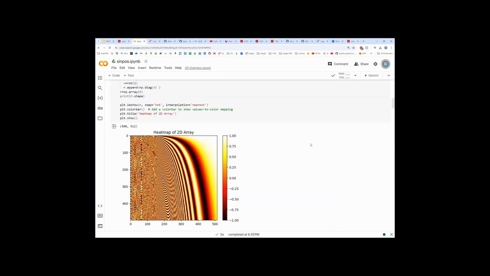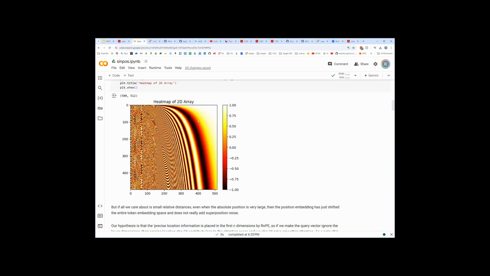Yeah, this picture shows how the sines and cosines work with rotary embedding. This is dimension index along the bottom, and this is sequence position along the left-hand side. There's too much change here, so the pixels get aliased, but basically the lowest dimensions are changing very rapidly.